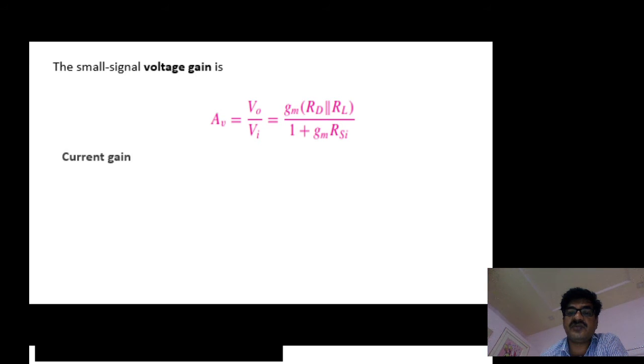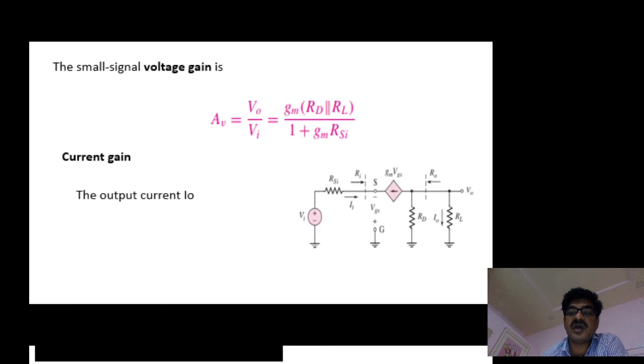Next, the current gain is also derived here since it is a common gate. Current gain means output current divided by input current, that is I0 divided by II. First of all, let us see what the I0 current is.